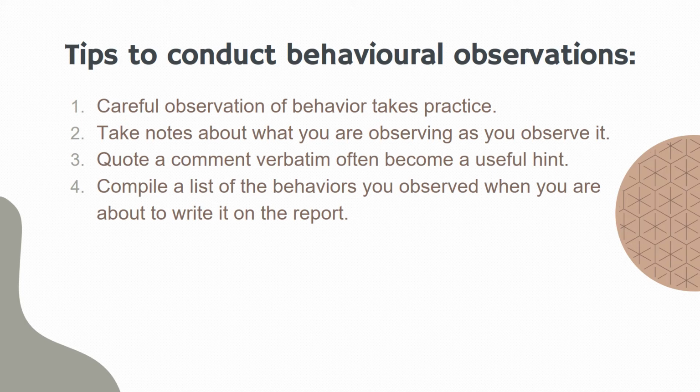As you begin to plan what you will write in the behavioral observations section, compile a list of the behaviors you observed. For example, she tapped her feet, or she looked at the window, are sample statements that describe behaviors.